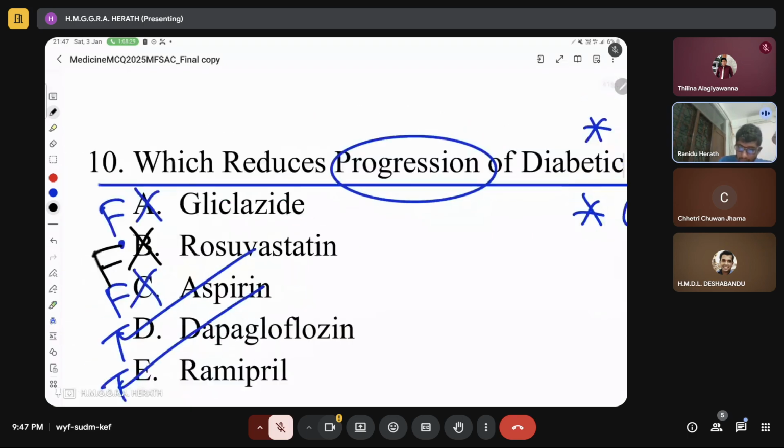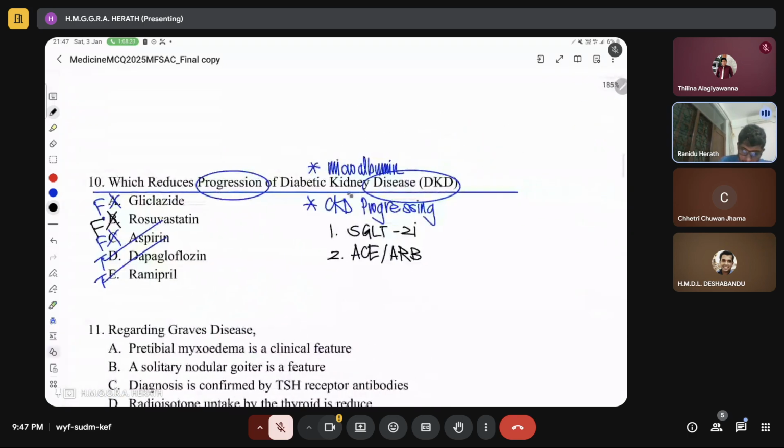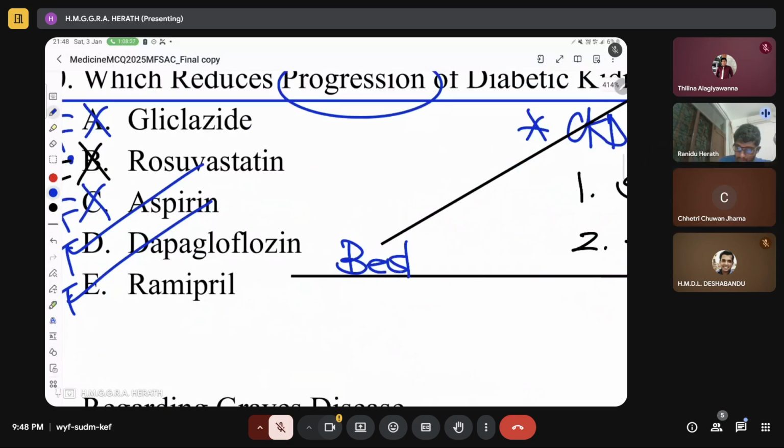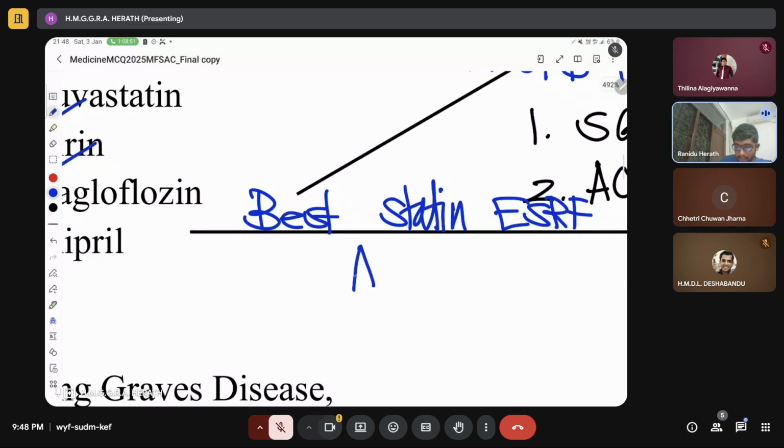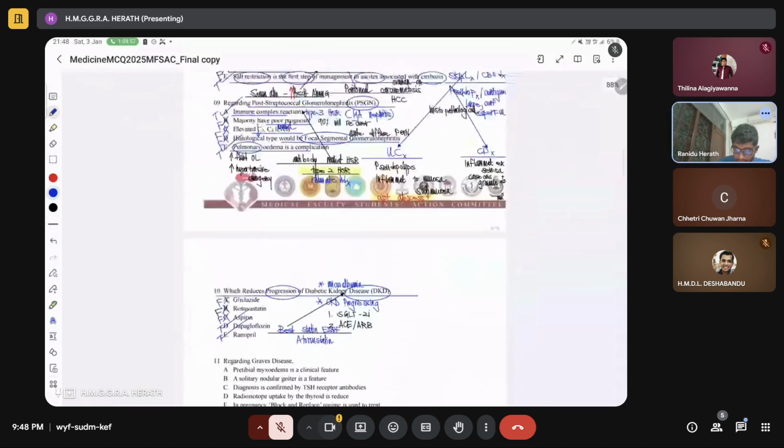What is the best statin for patients with end-stage kidney disease? Rosuvastatin is really good up until CKD stage 3. However, after CKD stage 3B, 4 and end-stage renal failure, the best statin is atorvastatin. They have identified that atorvastatin causes reduced progression of renal disease. Understood?